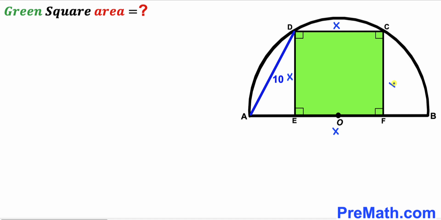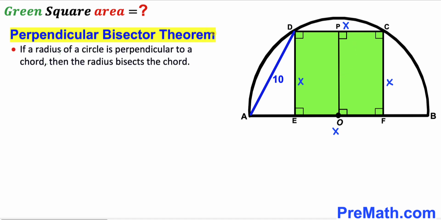and x as well. In this next step, I have dropped this perpendicular OP on this chord CD. Let's recall the perpendicular bisector theorem. According to this theorem, if the radius of a circle is perpendicular to the chord, then the radius bisects the chord.